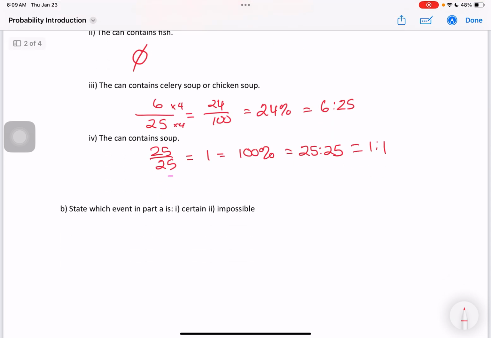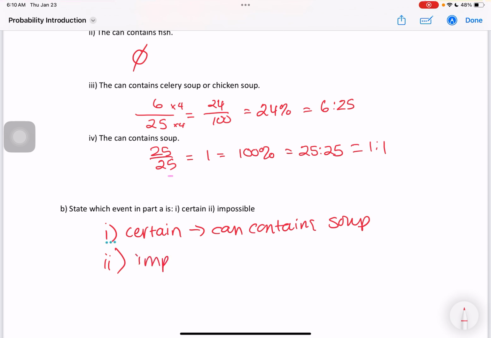Okay, so the event that is certain is that the can contains soup, right? Because they all contain soup. And the one that is impossible is that the can contains fish, because none of the soups have fish.